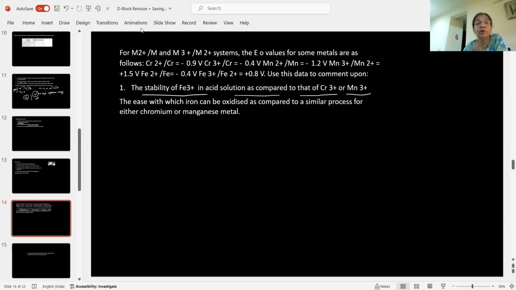So which is more stable, Fe3+ or Cr3+ or Mn3+ in acidic solution? Now we have to explain that in acidic medium.